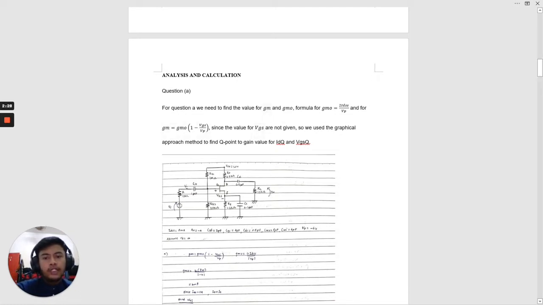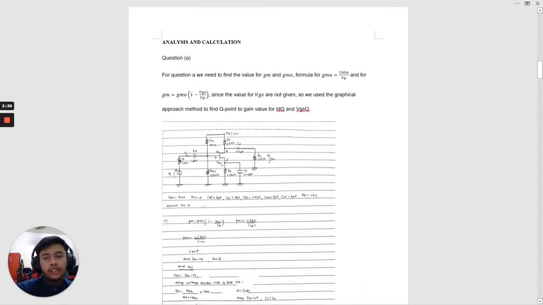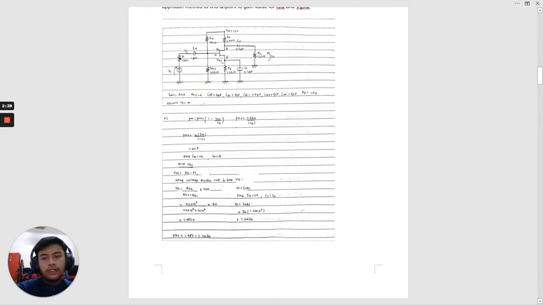Since the value for VGS is not given, we use the graphical method to find the Q point, to get the values for IDQ and VGSQ. First step for question A, we use the formula of gm0, substitute all the values that are given, and then the gm0 value is 4 millisiemens.